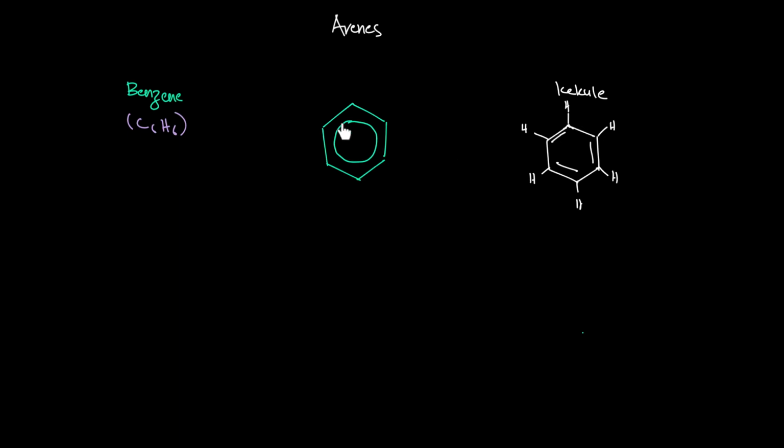But based on our observations, all the carbon-carbon bonds have the same bond strength or bond energy, and the same bond length. Double bonds would be stronger and shorter, but the reality is that all the bonds are identical in benzene. So this structure, even though it is used quite extensively, is not the most accurate representation of benzene.